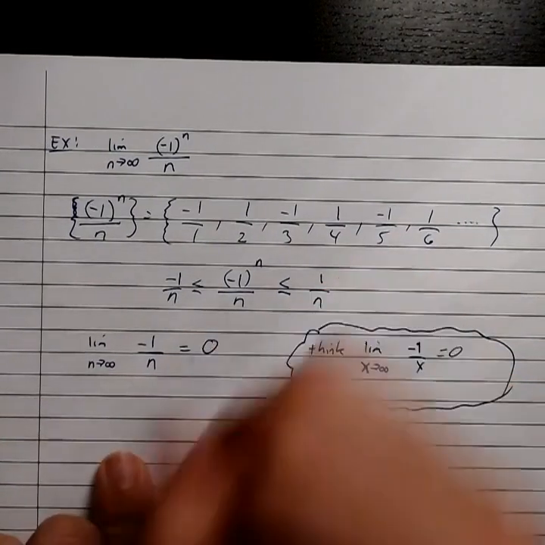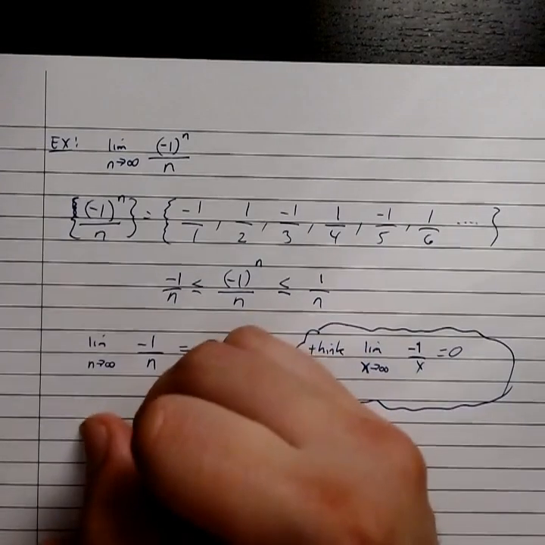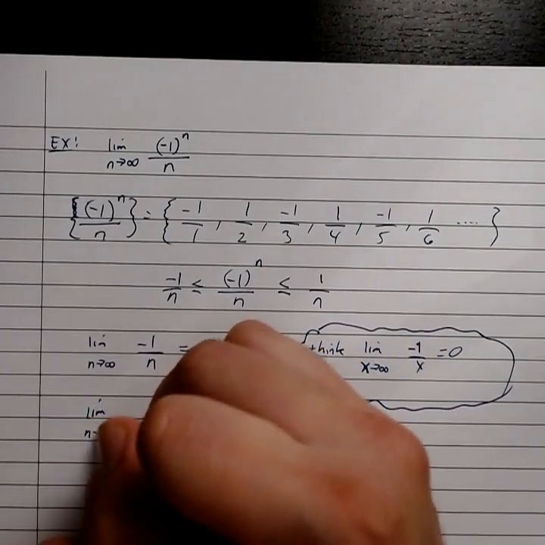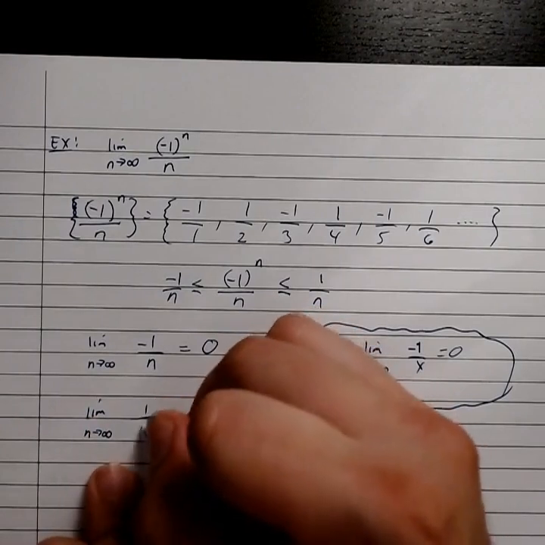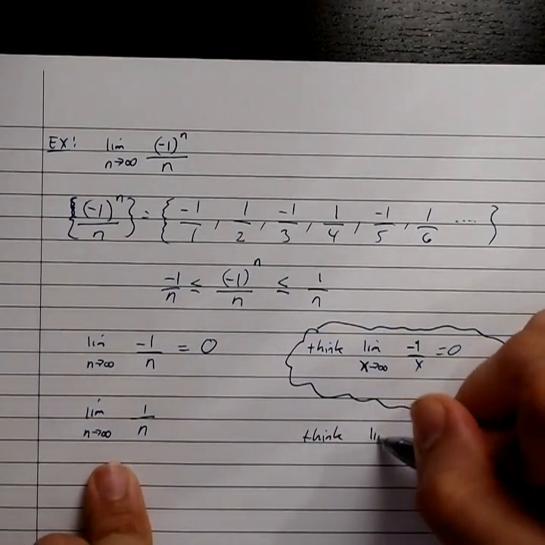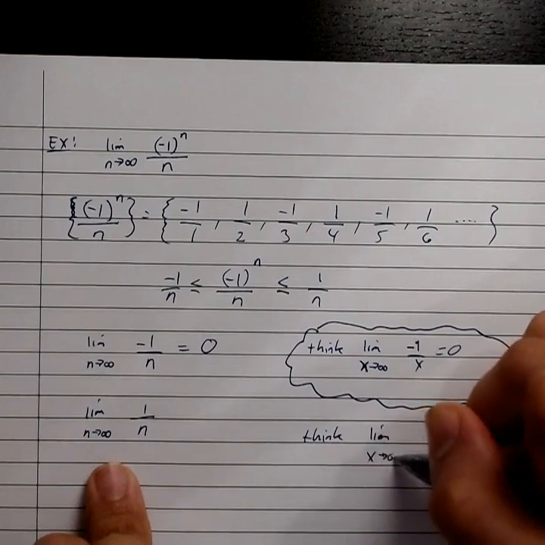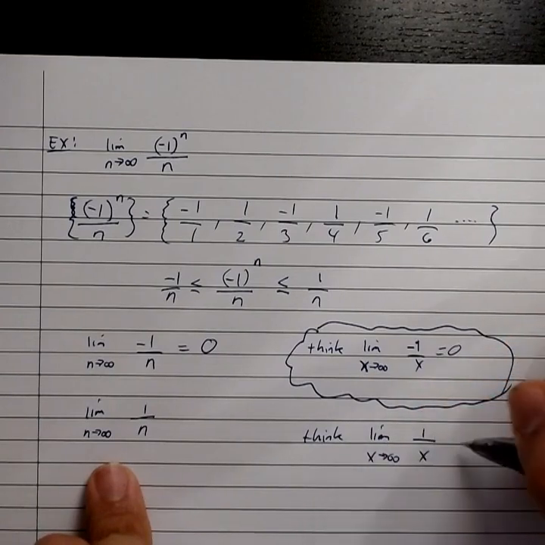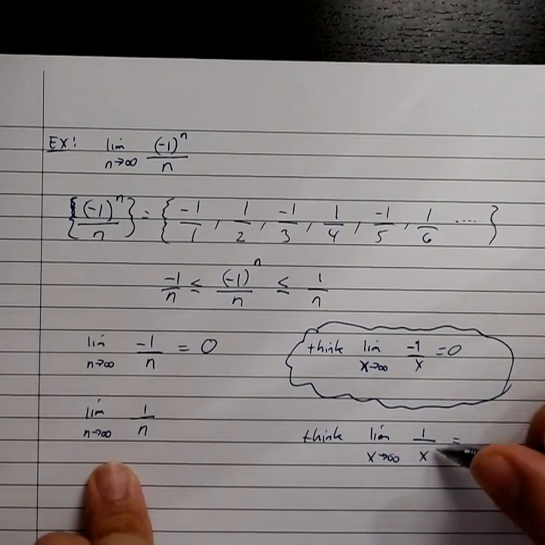And so that means that that limit's going to be 0. If you want the limit as n approaches infinity of +1 over n, well, again, you should be thinking of the discrete case. You should think, oh, what is the limit as x approaches infinity of +1 over x? Which again, x approaches infinity, so this whole thing will approach 0.